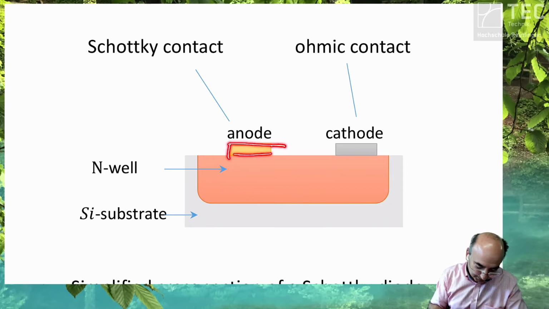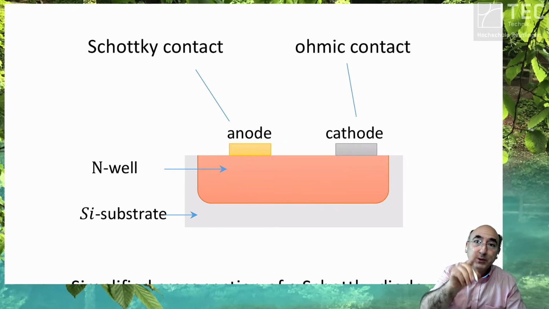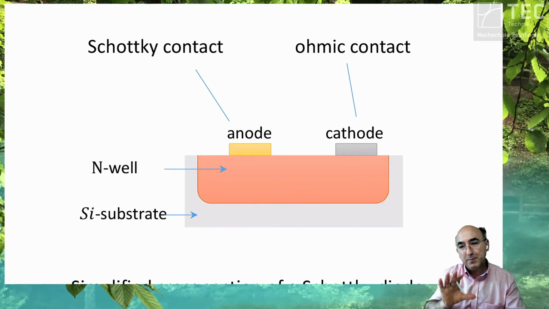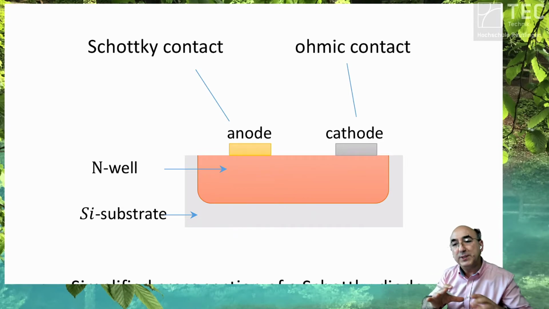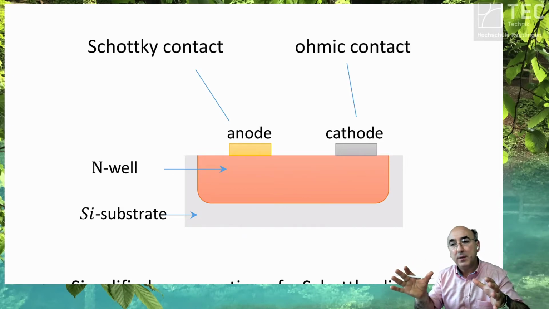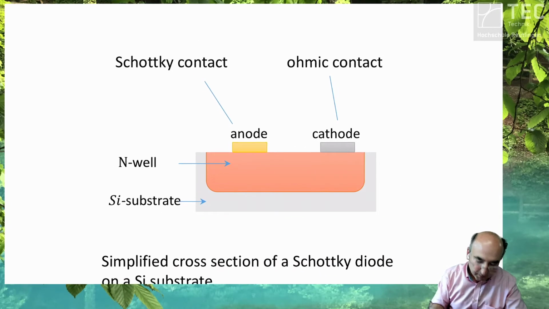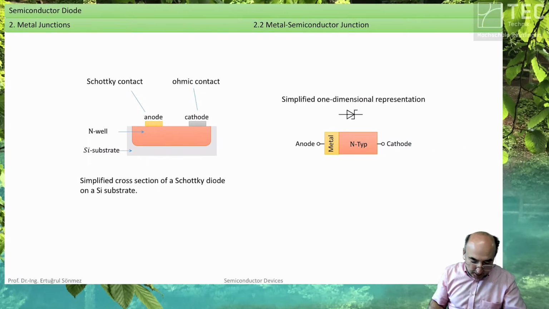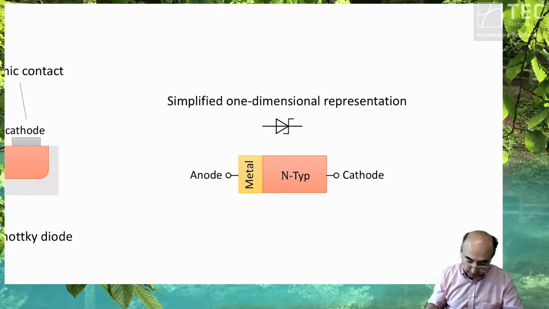Then you have the Schottky contact if you don't heat it up. Therefore, you can say Schottky diodes are more sensitive to temperatures above some 100 degrees C. Okay, but physically, the structure itself is also a diode structure.